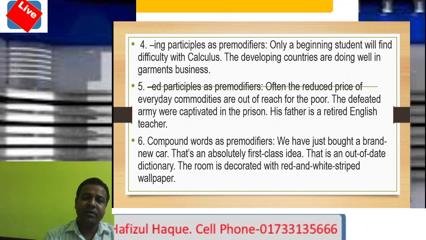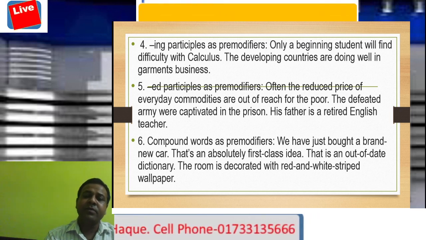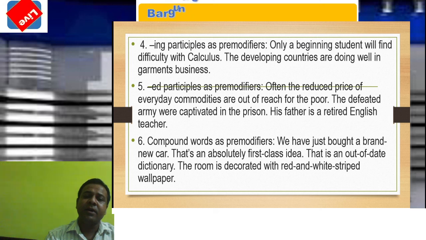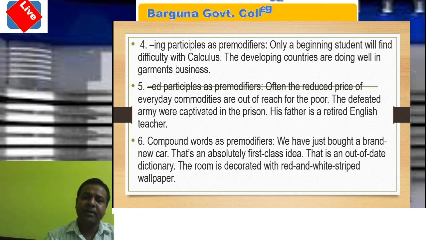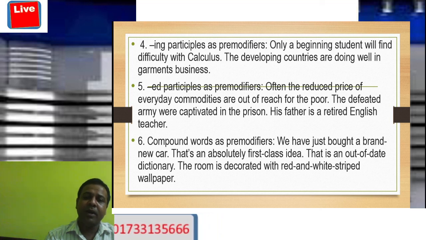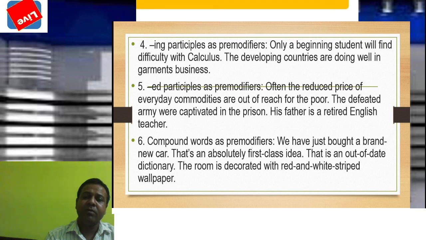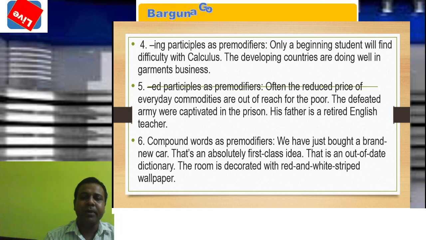In this sentence, we notice that reduced is the past participle and it is used as a pre-modifier of the noun. It pre-modifies the noun price. That is, it is a past participle and it can be used as a pre-modifier.